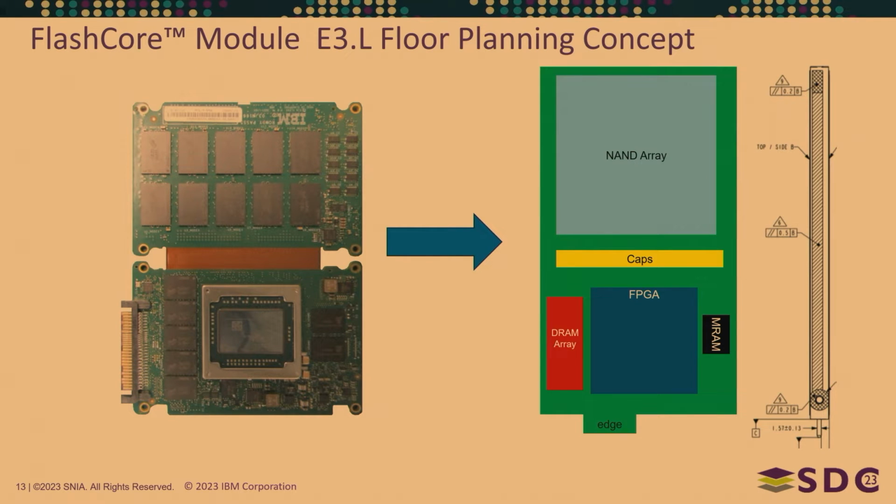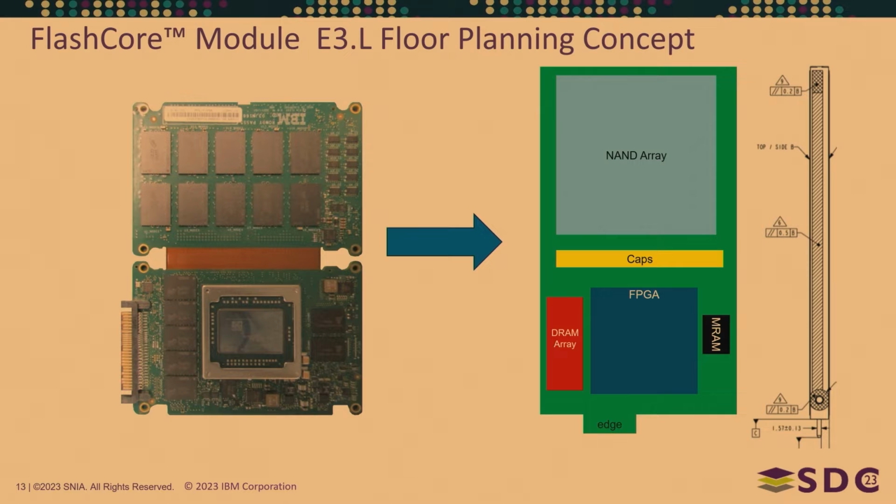So how would we lay out our current FlashCore module? By the way, that's a rigid flex in between the two boards, so the boards sandwich over each other and operate in parallel in our form factor. All the components transition over pretty easily to the E3.L. You can see the NAND array just moves right over.